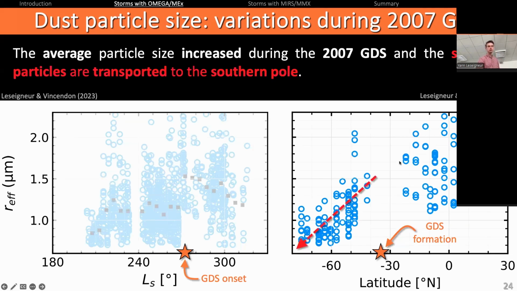We can notice that the smallest particles are transported toward the southern pole, and the biggest ones are much closer to the global dust storm onset site.